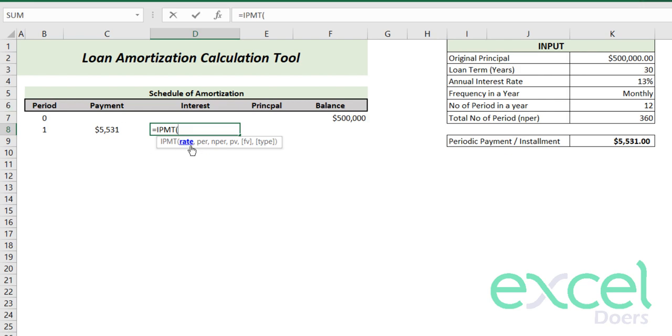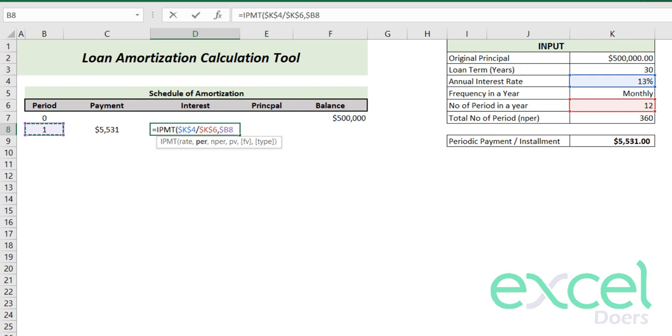So my rate is what? My rate is this divided by the number of periods in a year, which is this, right? Okay, what is my period? So my current period is this.